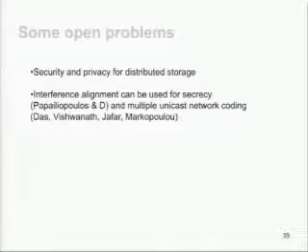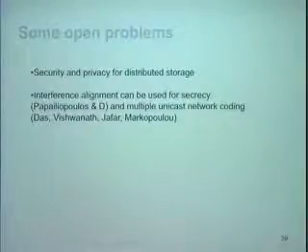And there, using the interference alignment technique, we can find the secure degrees of freedom. Recently this was also applied to the problem of multiple unicasts in network coding, probably the most important problem, when you have multiple single source, single destination pairs. Again, you can apply interference alignment techniques, and you can show under some cases very good performance.